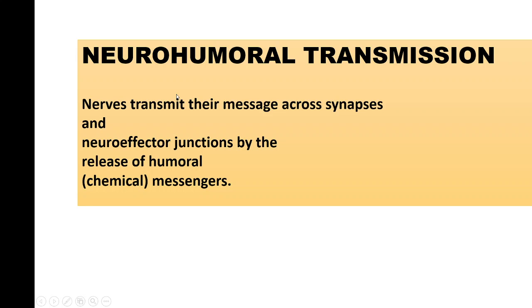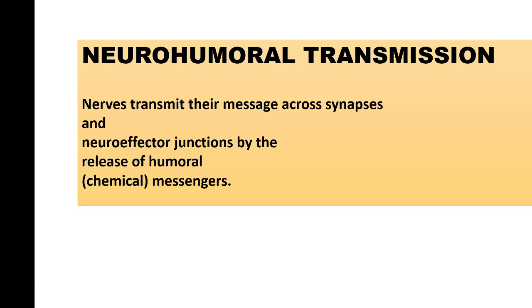So all this is known as neurohumoral transmission. Nerve will transmit its message across the synapse and neuroeffector junction by the release of a chemical messenger. In case of sympathetic system we have noradrenaline. In case of parasympathetic system we have acetylcholine.